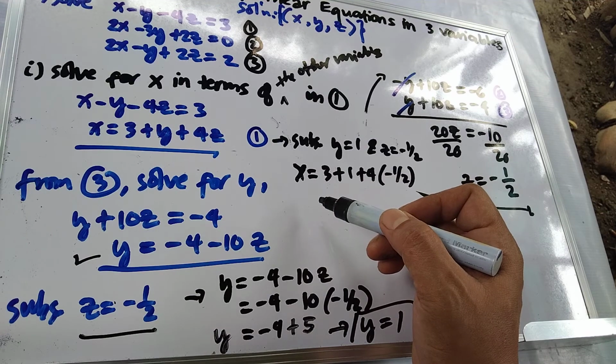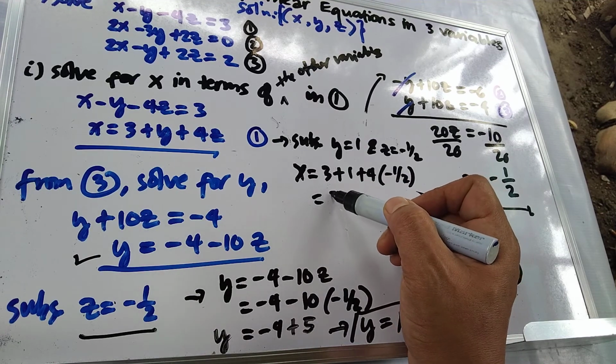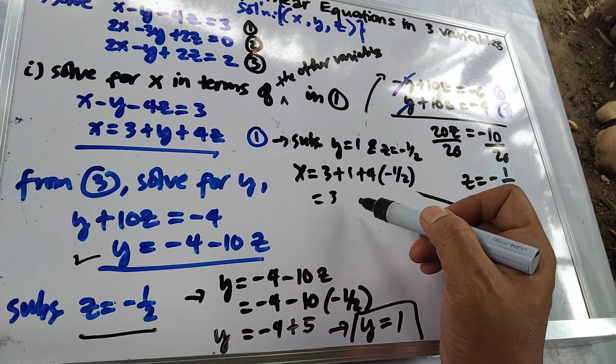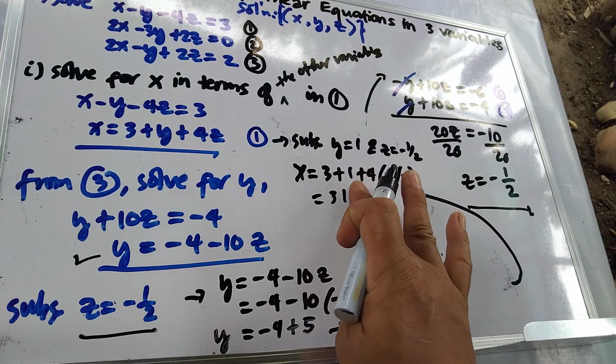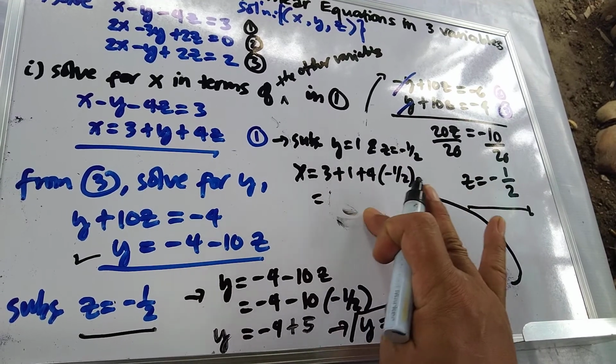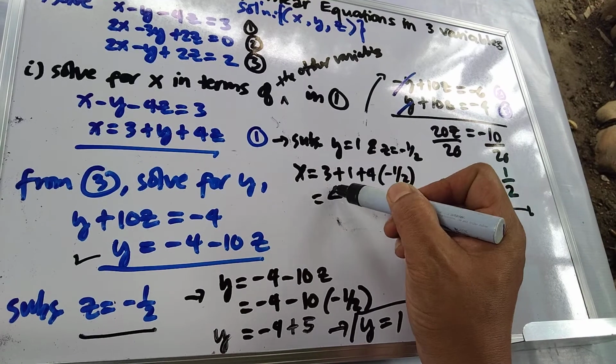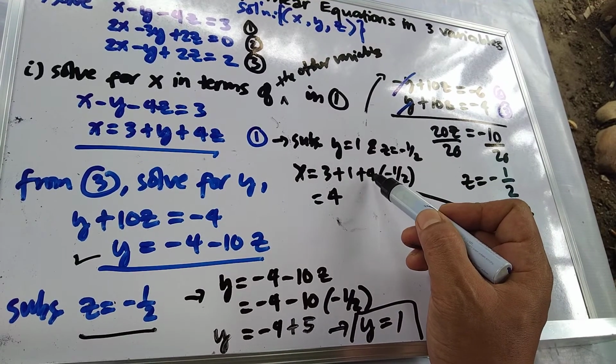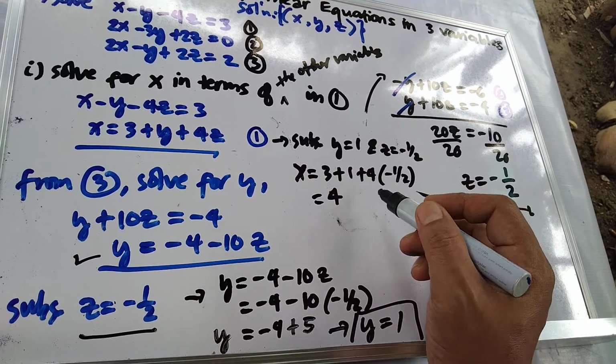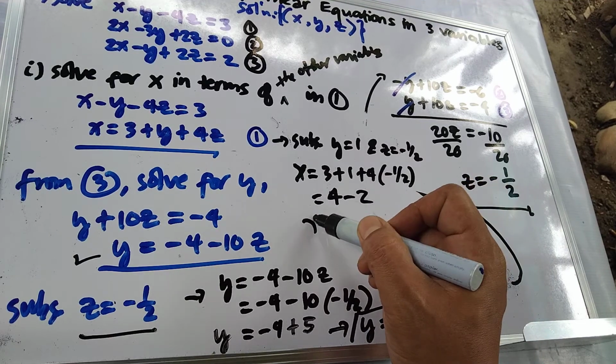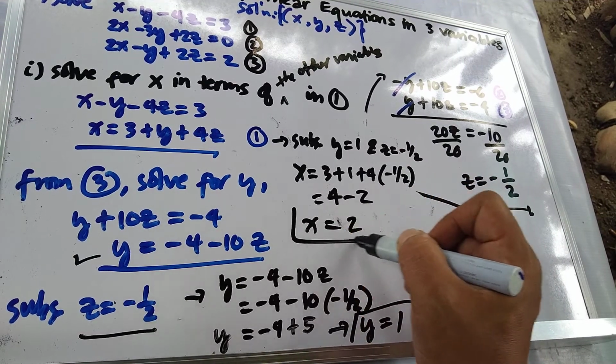You have 3 plus 1 is 4, then 4 times negative 1 half, so you have minus 2. So it follows that your x is equal to 2.